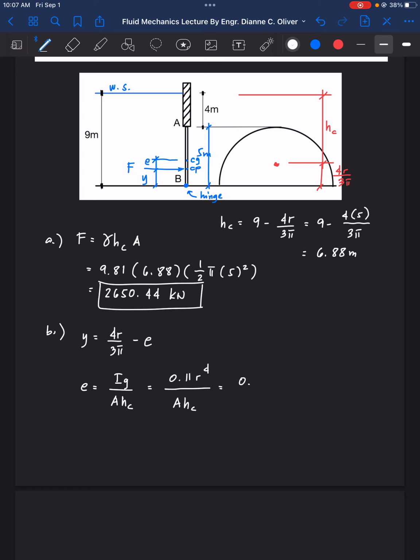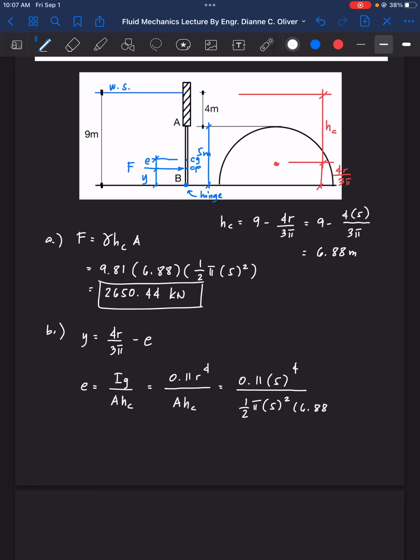Then we have 0.11 times 5 raised to 4 divided by 1/2 pi r squared, and then our HC a while ago, which is 6.88. So what's now the value for E? 0.11 times 5 raised to 4, over 1/2 pi times 25 times 6.88. So that is 0.25 meter.